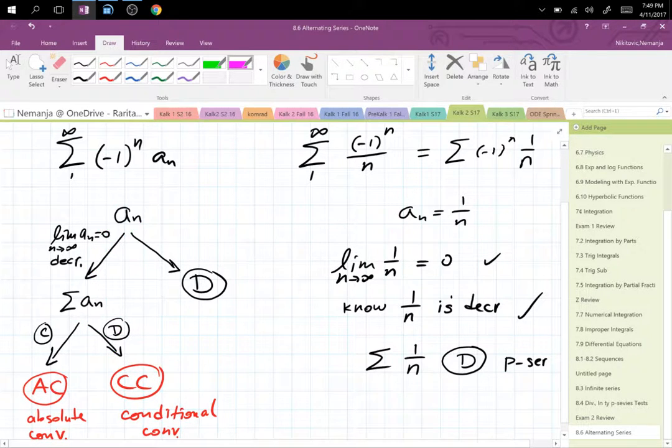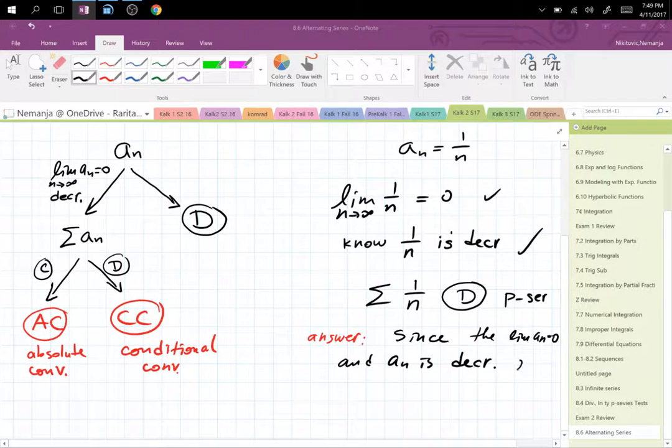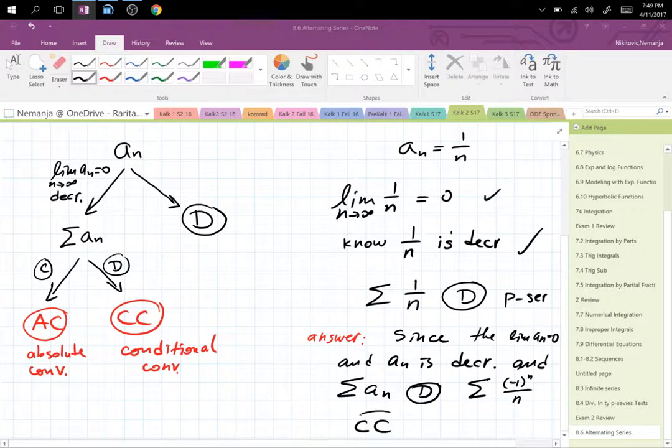Now, a lot of people, now I have to write the answer here. So answer, remember we write essays in this class. So the answer is: since the limit of a_n is 0 and a_n is decreasing and the summation of a_n diverges, the series negative 1 to the n over n converges conditionally by the alternating series test.